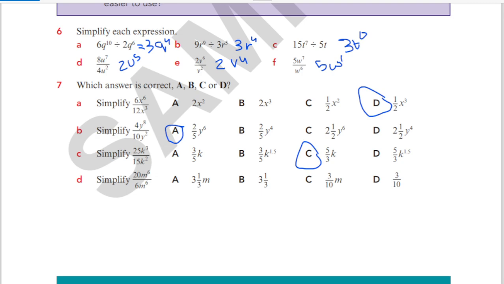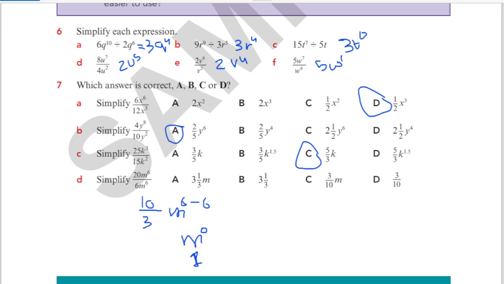20 and 6 is divisible by the 2 table, 2 tens are 20 and 2 threes are 6. So 10 over 3. Further, you can convert them into mixed fractions. m into 6 minus 6, that will be 0. So m power 0. Whenever the power is 0, the answer will be 1.